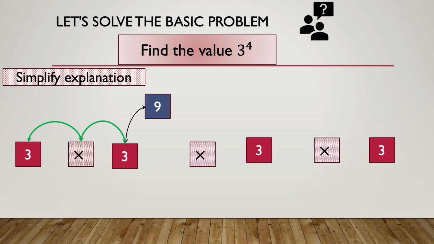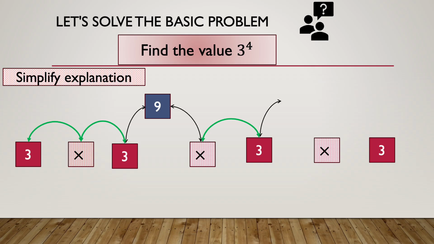Now I multiply this number 9, the answer, with this number 3. So I multiply number 3 by number 3.